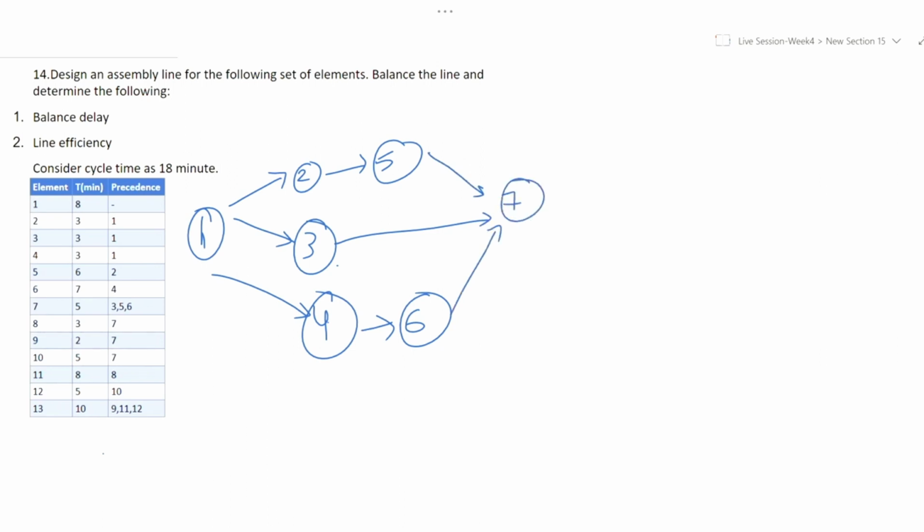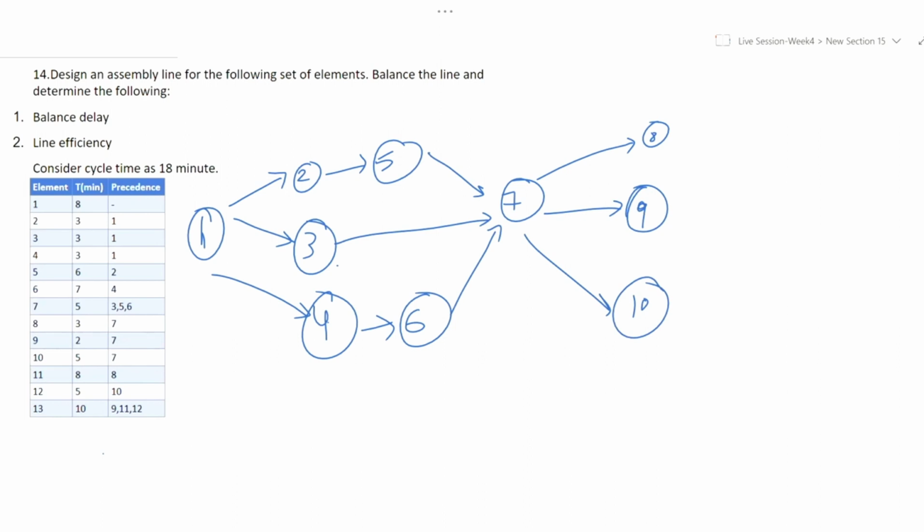Okay. Now elements 8, 9 and 10 are preceded by 7. Next, element 11 is preceded by 8.